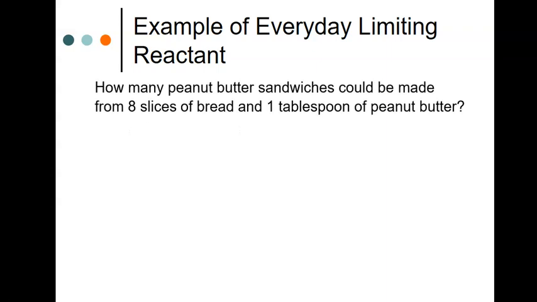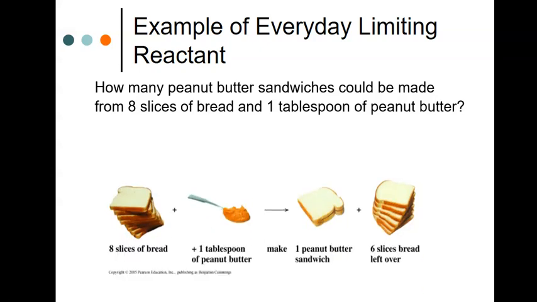Let's look at another example. How many peanut butter sandwiches could be made from 8 slices of bread and 1 teaspoon of peanut butter? So in this case, you have only 1 teaspoon of peanut butter and you have 8 slices of bread.